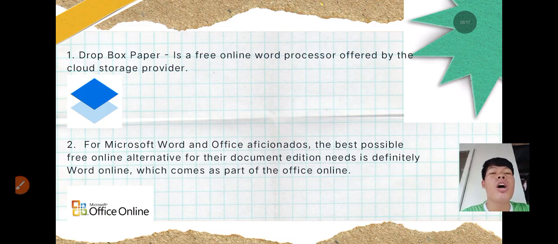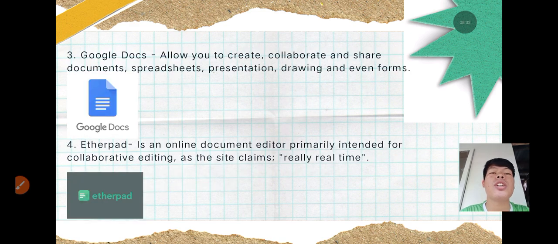Number two, for Microsoft Word and Office aficionados, the best possible free online alternative for their document editing needs is definitely Word Online, which comes as part of Office Online. And number three, we have here Google Docs, which allows you to create, collaborate, and share documents, spreadsheets, presentations, drawings, and forms. Actually, I use this one.